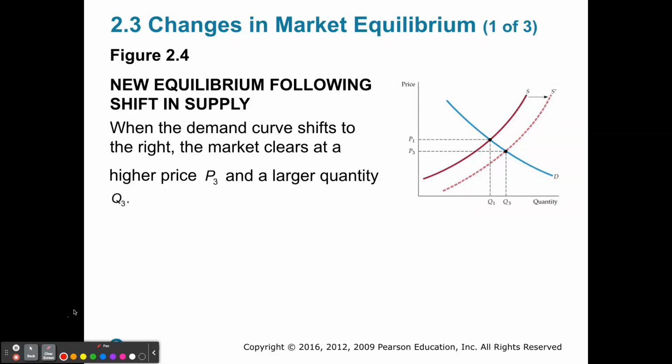So again, this is called comparative statics. When supply increases, equilibrium price falls, which you see right here, and equilibrium quantity rises, which you see right here.